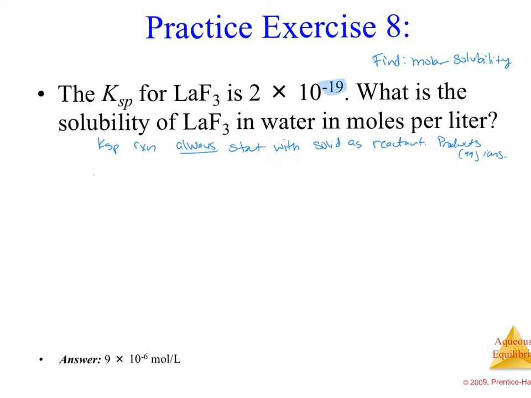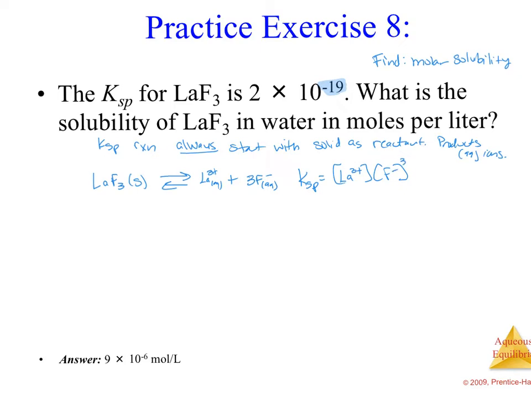So for LaF3, that will be our solid because we're given a KSP value for it. In equilibrium with the cation, so I know that I have 3 fluoride, right? Fluoride's a monatomic anion. We know that from the periodic table. That means La is a 3 plus ion. And the KSP expression is La3 plus times F minus cubed.